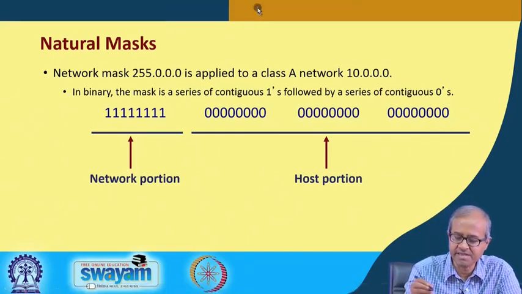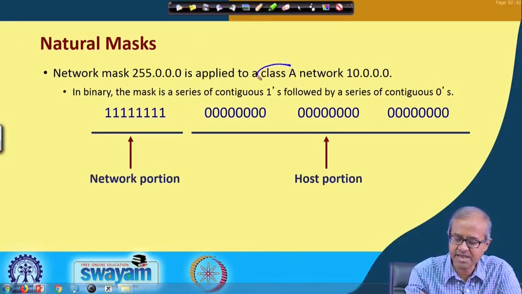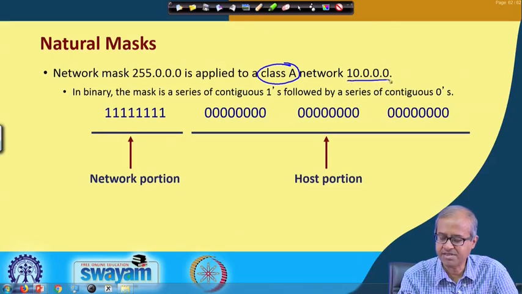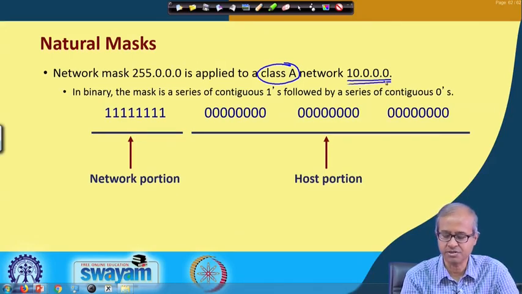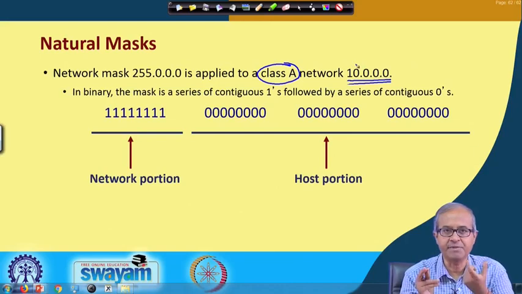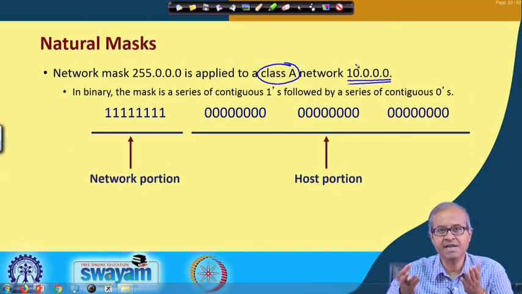We take the example of a class A network. Let us say the network address is 10.0.0.0. Conceptually, the first 8 bits indicate the network number, the remaining 24 bits indicate the host.